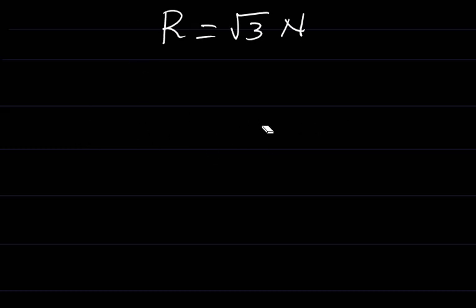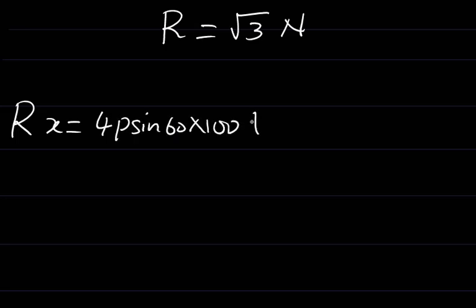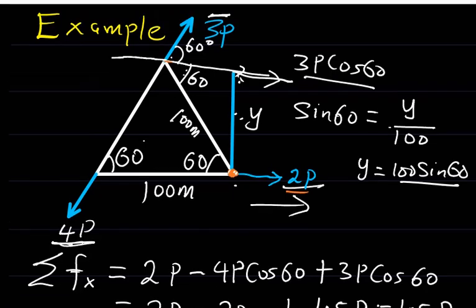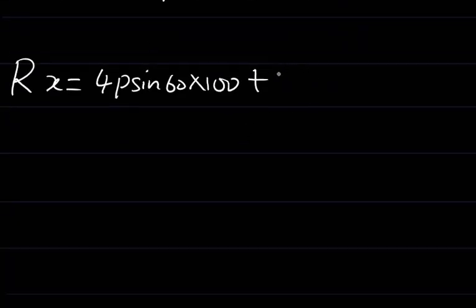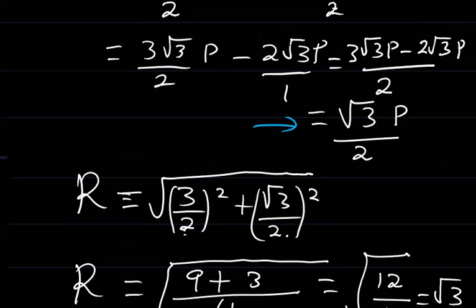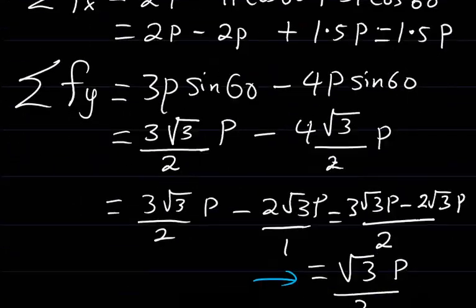So R multiplied by x is equal to 4p sine 60 times 100, plus the horizontal component of 3p, which is 3p cos 60, multiplied by the perpendicular distance we've just calculated, which is 100 sine 60.